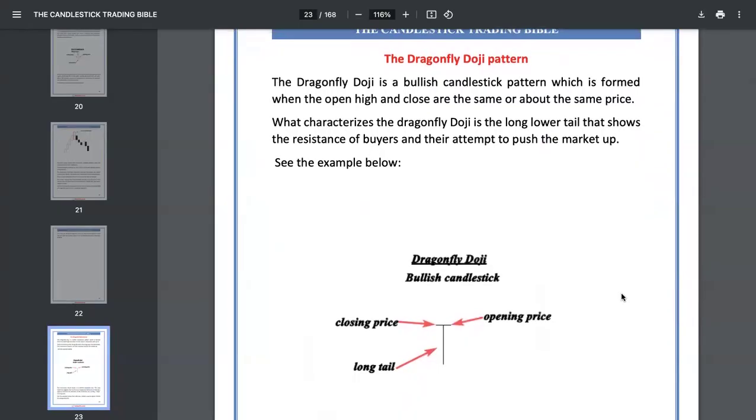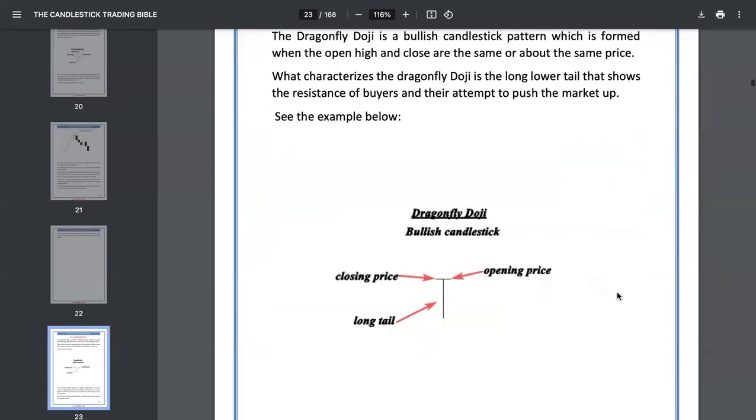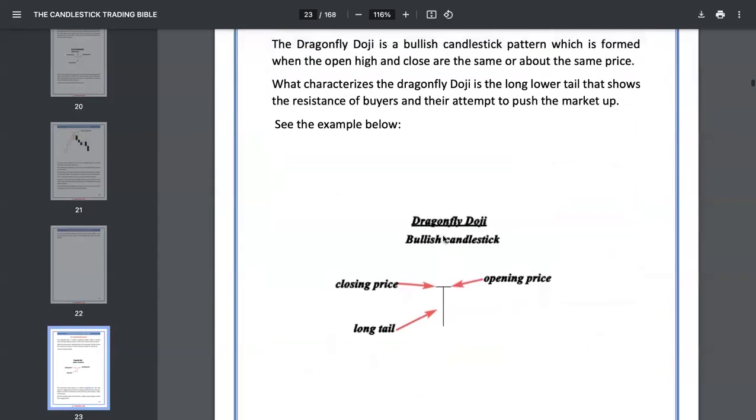When characterized, the DragonFly Doji is the long lower shadow that shows the resistance of buyers and their attempt to push the market up. So in this image right here, we see the DragonFly Doji. And as you can see, the open price and the closing price are at the top of the dragonfly, and it has a long tail as the lower shadow.